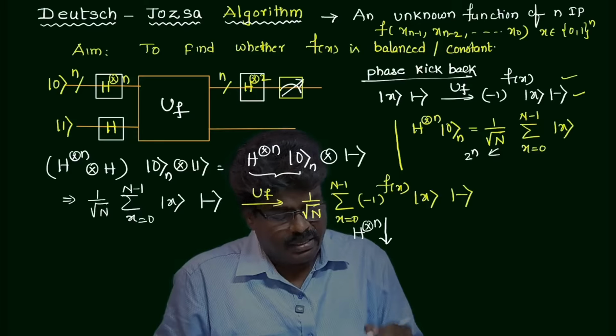I hope you remember in the quantum parallelism video I have already explained this. Whenever H tensor n operates on this x, let us suppose this is an n qubit string, this is 1 over root N summation over some z.